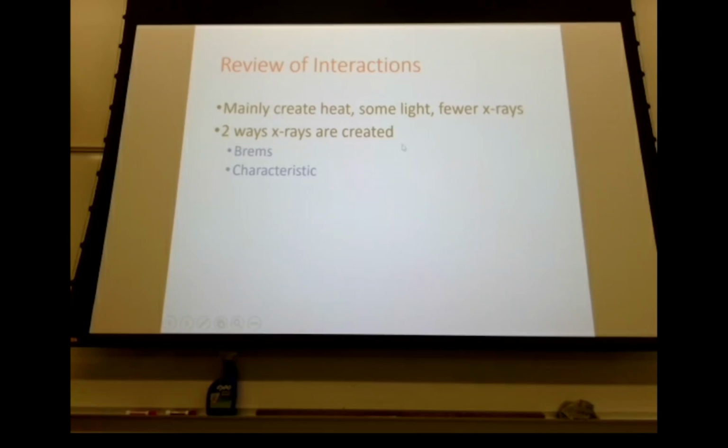So a review of interactions: primarily what we see on the image receptor is either a lack of photons striking the image receptor, because they underwent photoelectric absorption inside of the patient, which gives us those light areas, but the two types of photons that interact on the image receptor would be scatter radiation or penetration.